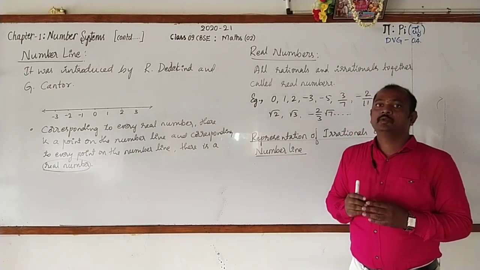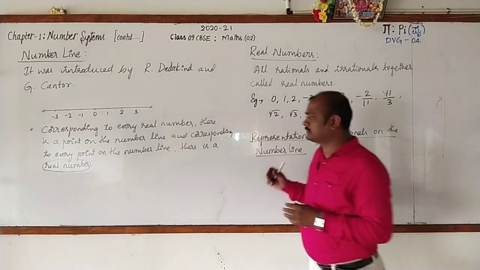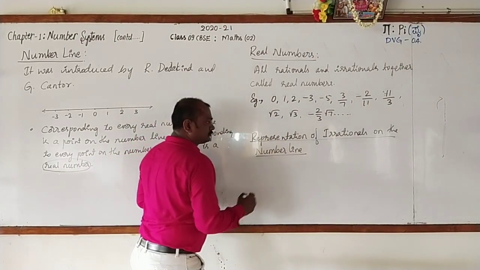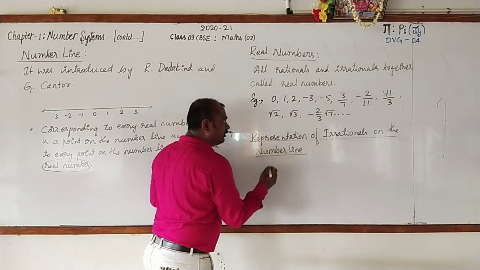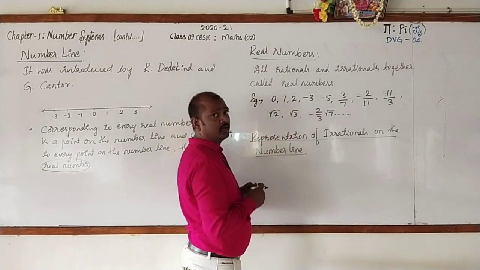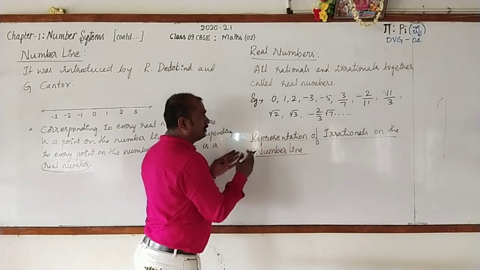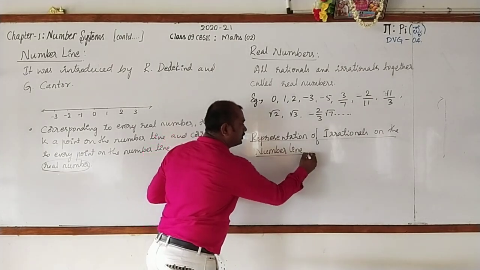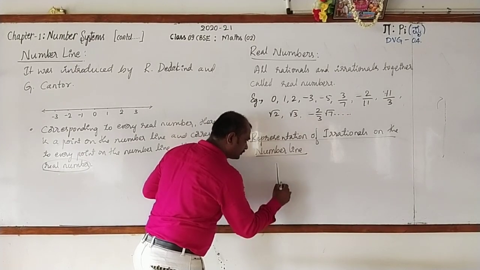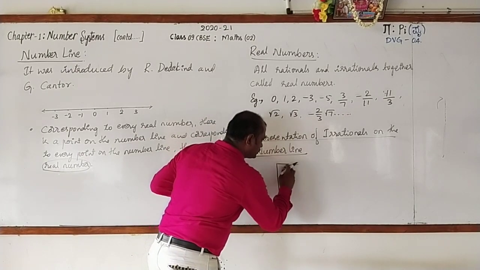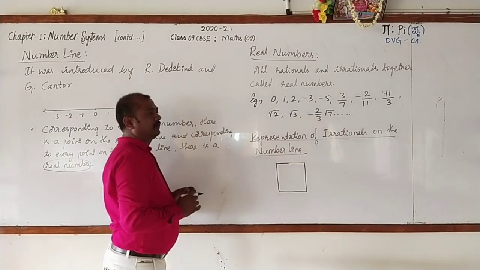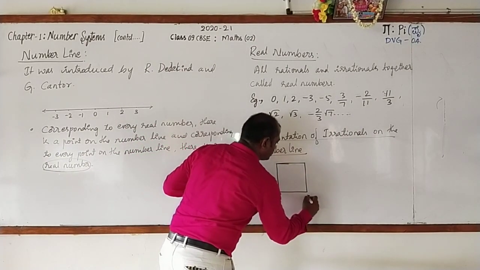So before that, we need to have some basics related to it. Here the irrationals are root 2, root 3, root 5, root 6, root 7 and so on. Now we will come to know how to represent them on the number line. Here just look at the board. I am going to take a square. Please don't copy this. In which all sides are equal.